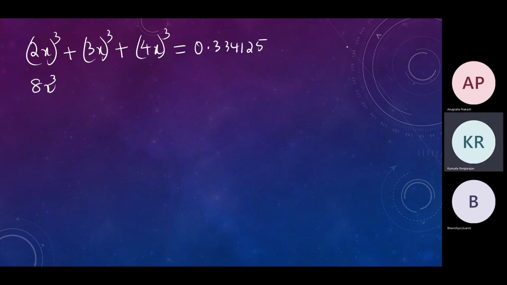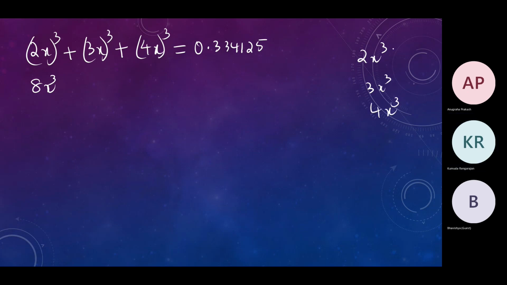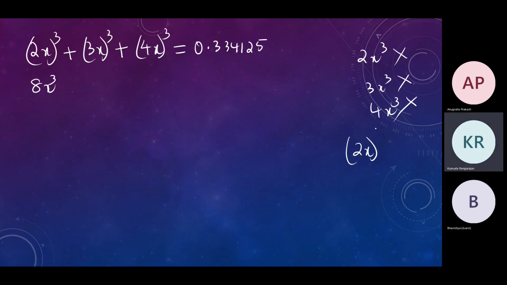Yeah, so the mistake we could make here is writing the cubes of the three numbers as 2x cubed, 3x cubed, and 4x cubed. This is wrong. These are not the cubes of the three numbers. Cube meaning you'll have to cube the entire expression. So if we write the cube of the first number as 2x cubed, we are wrong.